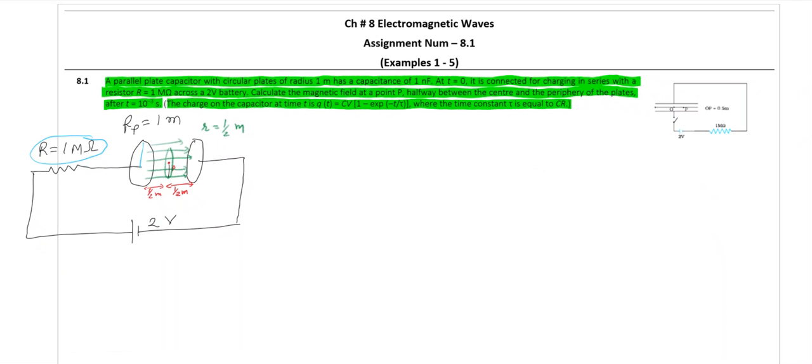RC is known as the time constant of the capacitor. So tau, which is equal to R into C, is 1 into 10 raised to 6, because it is mega ohm, times capacitance 1 nanofarad, 1 into 10 raised to minus 9, and it comes out to be 10 raised to minus 3 second. Let it be our result 1.